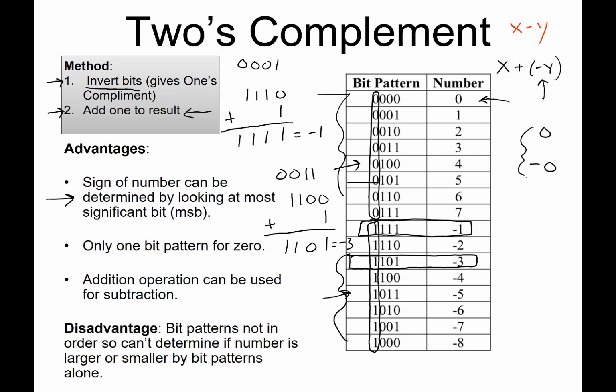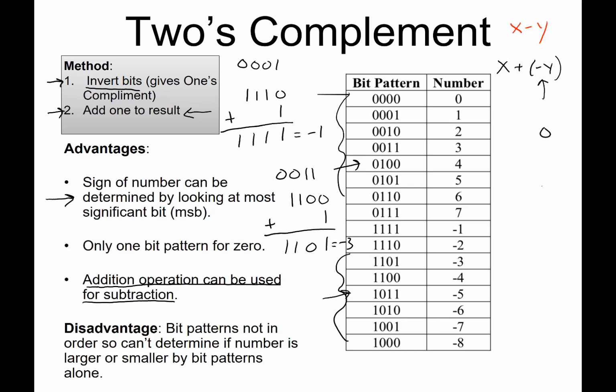The main benefit of twos complement is that we can use the addition operation for subtraction. So let's look at an example of that. I'm going to erase a few things just so we have a space.